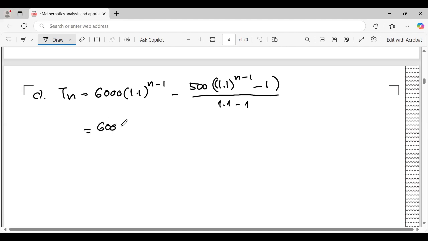It's going to be 6,000 times 1.1 to the power n minus 1, minus 1.1 minus 1 is 0.1. 500 divided by 0.1 equals 5,000. So it becomes 5,000 times 1.1 to the power n minus 1, minus 1.